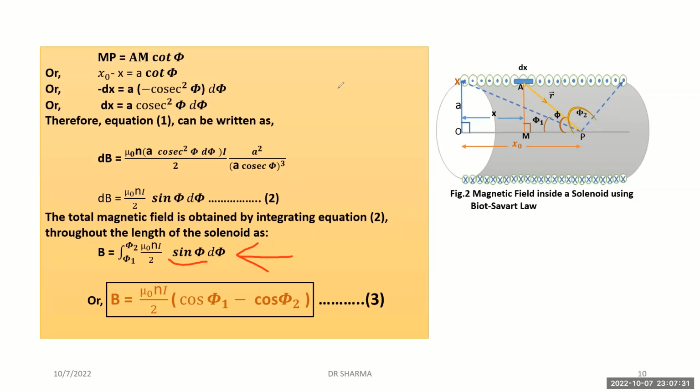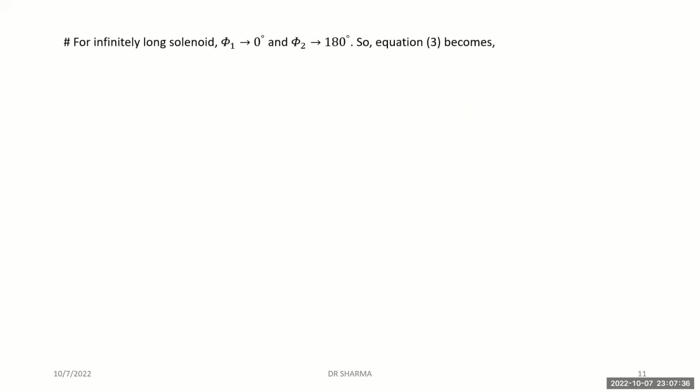Now, as special cases, consider a solenoid which is infinitely long. In this case, phi 1 tends to 0 and phi 2 tends to 180 degrees. Now substitute these values in equation 3 to get B is equal to mu naught n I by 2 (cos 0 minus cos 180 degrees).